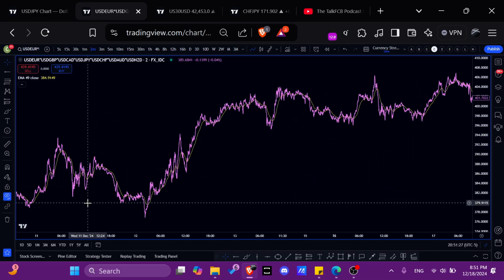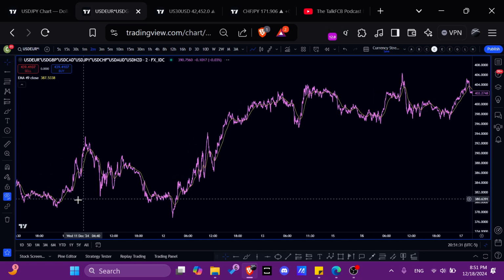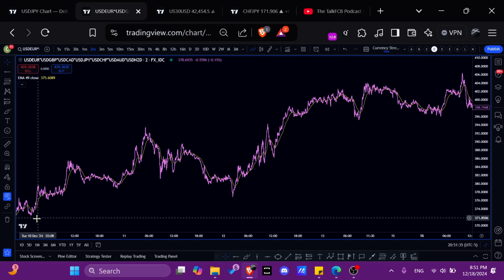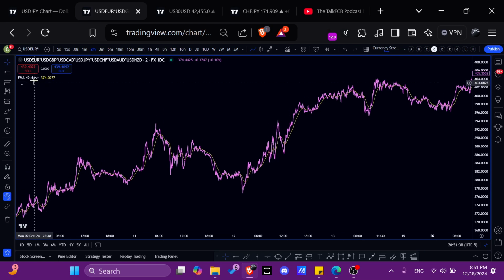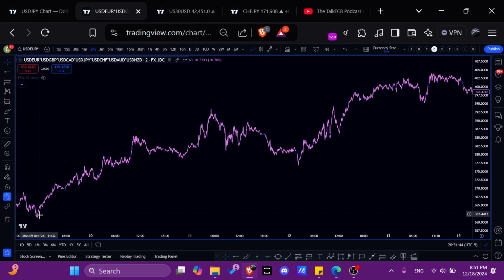This is all within the last few days. Let's go to December 10th. We're seeing markets continue to go higher. Let's cancel out that 49 EMA. We see prices continue to go higher.